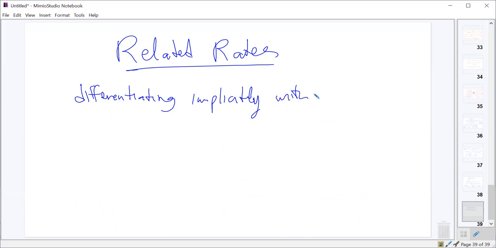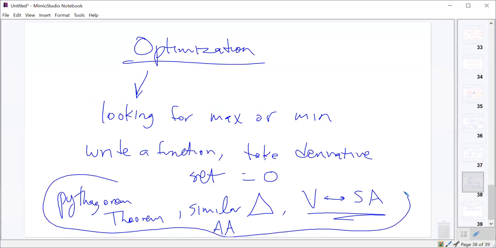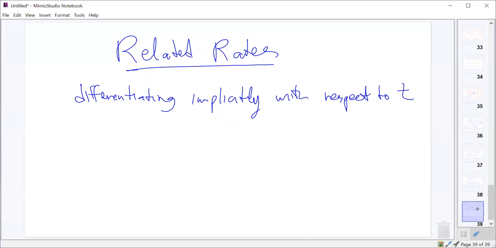That says with respect to t, with respect to time. The same situations apply fairly often, the volume to surface area less often, but similar triangles and the Pythagorean theorem show up pretty often in related rates.